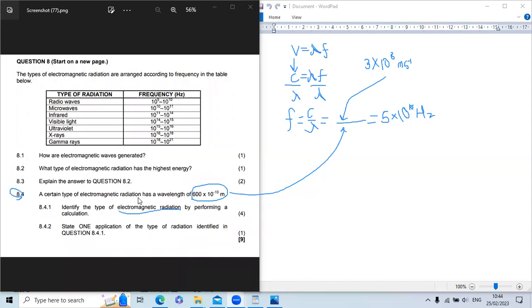And they say, state one application of the type of radiation identified in 8.4.1. So if you look in life, where is ultraviolet light applied?